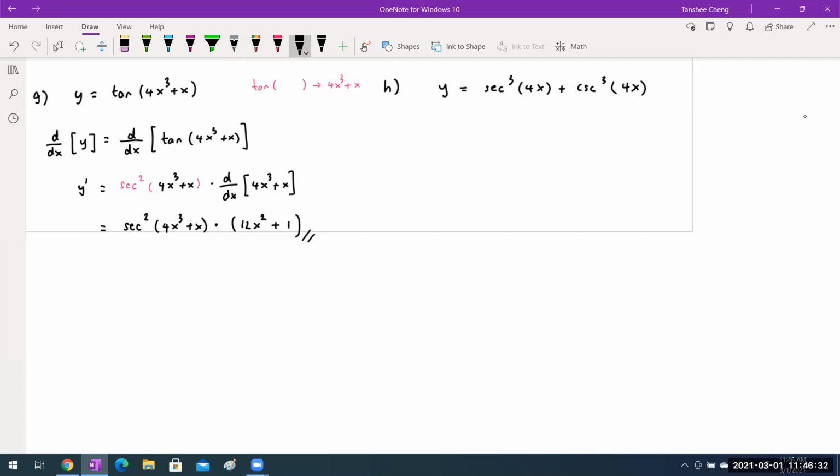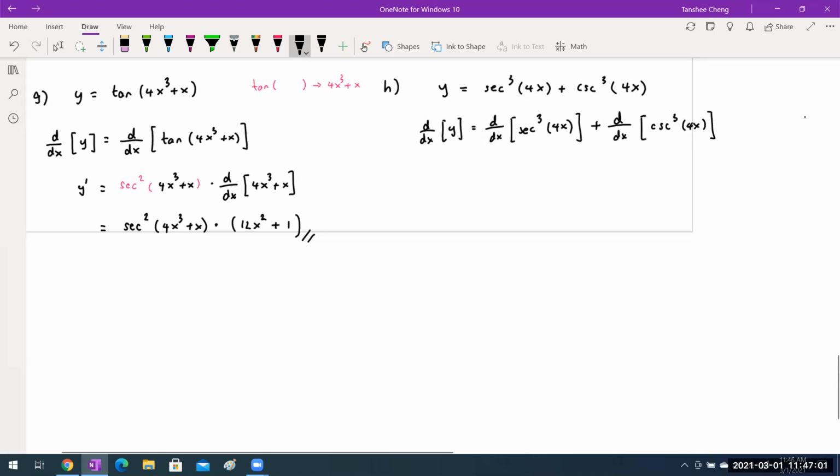So the derivative with respect to x of both sides becomes the derivative with respect to x of the first term, and I'm going to skip one step so that we can move a little bit faster, plus the derivative with respect to x of the second term. And this is where we need to use the chain rule.